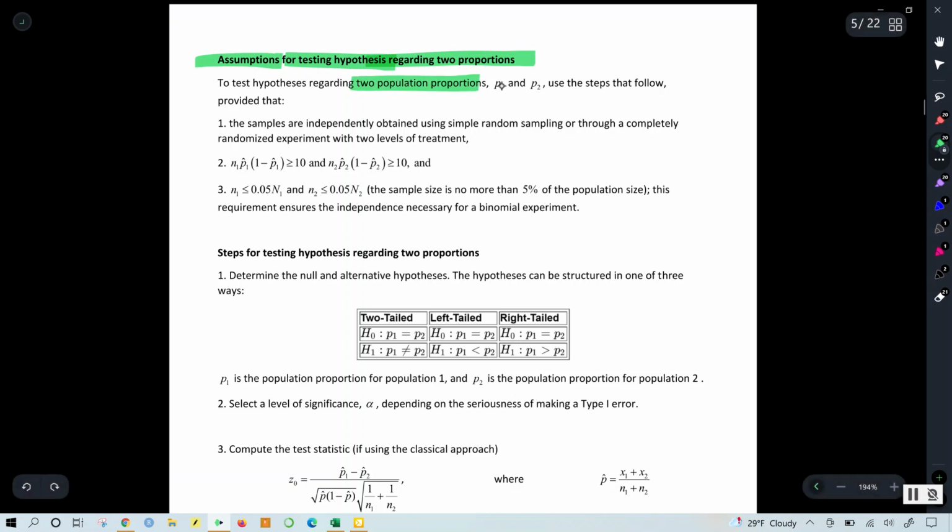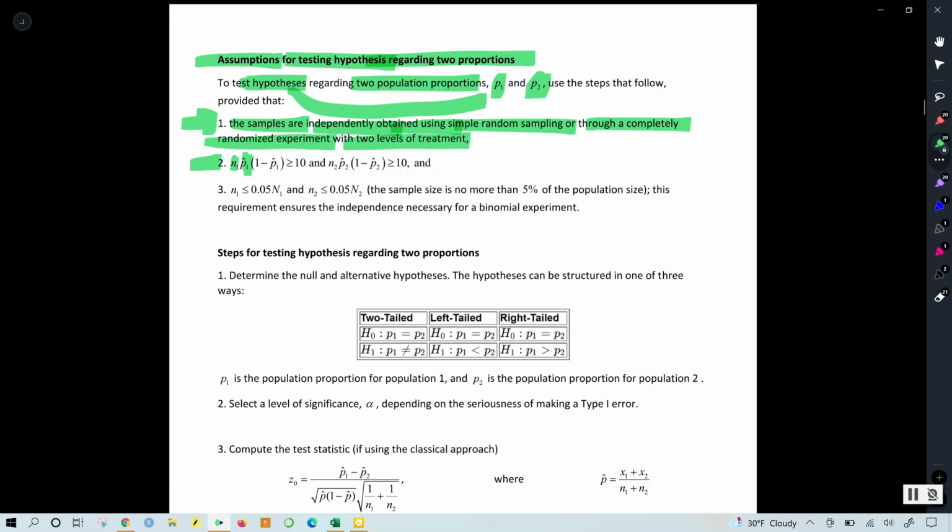If we have two population proportions, P1 and P2, and we want to test hypotheses regarding these two populations, we must first verify that 1, the samples are independently obtained using simple random sampling or through a completely randomized experiment with 2 levels of treatment. 2, n1 is the sample size chosen from the first population, and p1-hat is the sample proportion from the first population, and n2 is the sample size from the second population, whereas p2-hat, as you might expect, will be the sample proportion estimate from the second population.